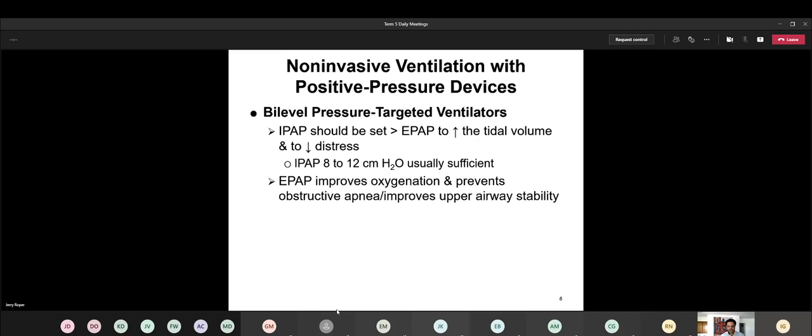So 8 to 12 is usually good enough for most patients, as we have seen, at least for like a starting point. Then you have to kind of titrate from there. The only way that you really will know what the optimal settings are as far as IPAP and EPAP for any patient, whether it's an adult or a pediatric, is if you do a sleep study. And during the sleep study or polysomnography, they used a BiPAP and they were titrating the settings based on the apneas and hypopneas events that you were having.